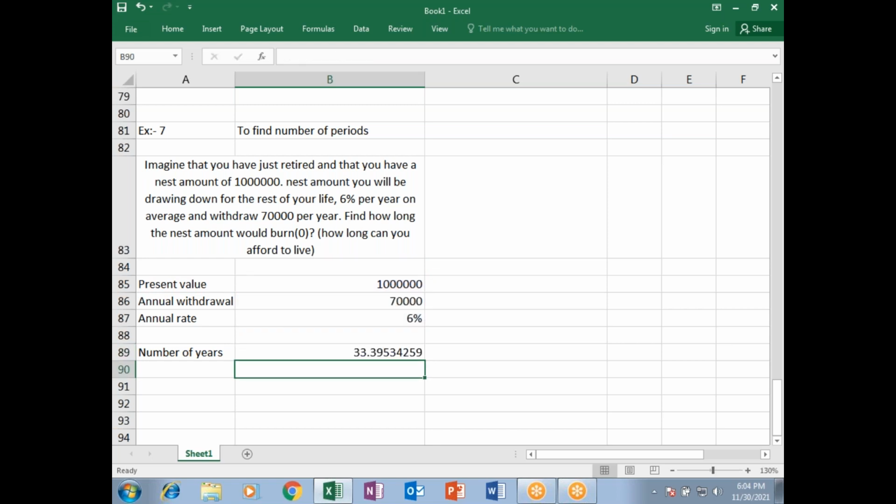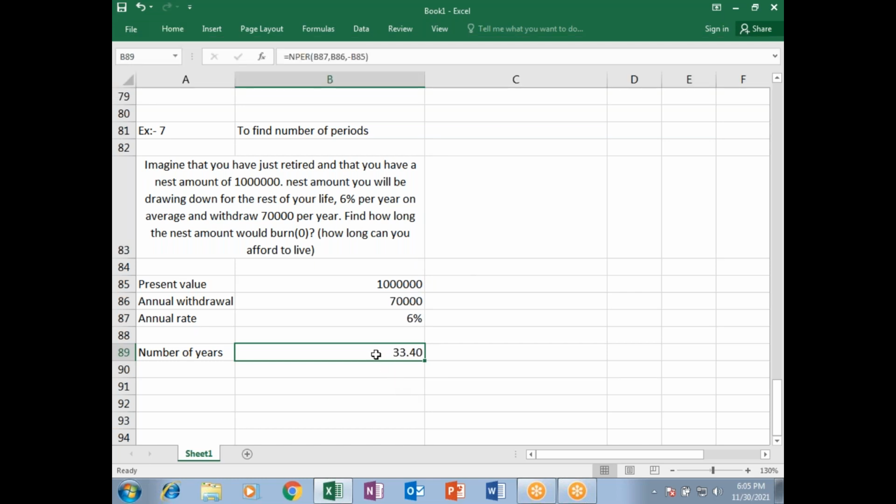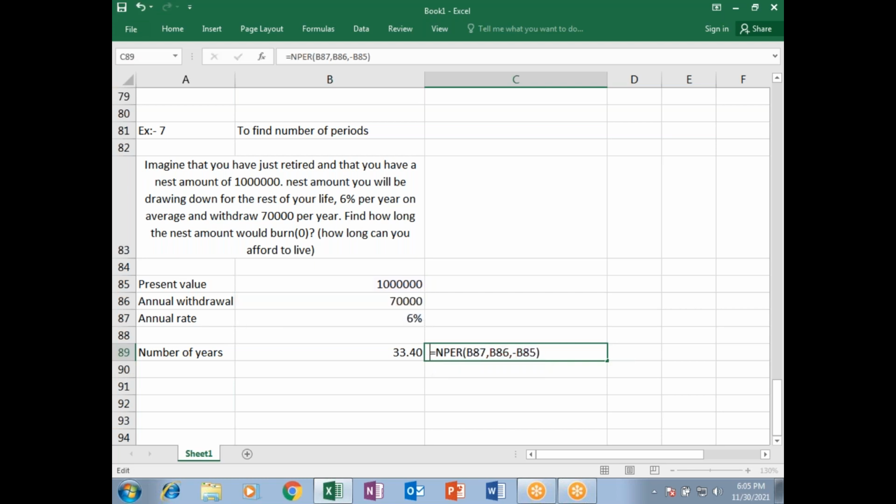So it is 33 and a half years. I can decrease the decimals if there are more, so nearly 33.40 I can take. So this is the NPER where I am going to find it out.